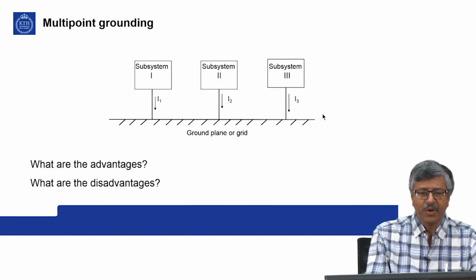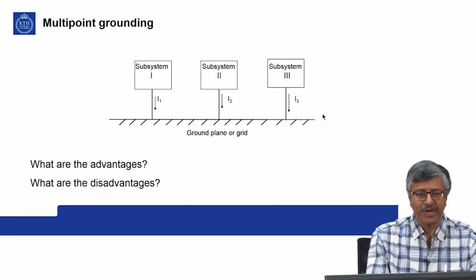Now, multi-point grounding. Some of the bad effects of single point grounding can be avoided by multi-point grounding. There the ground is a plane, not a single conductor. It is a plane or a closely packed conducting grid, where you have several subsystems arranged and connected to those with extremely short leads.